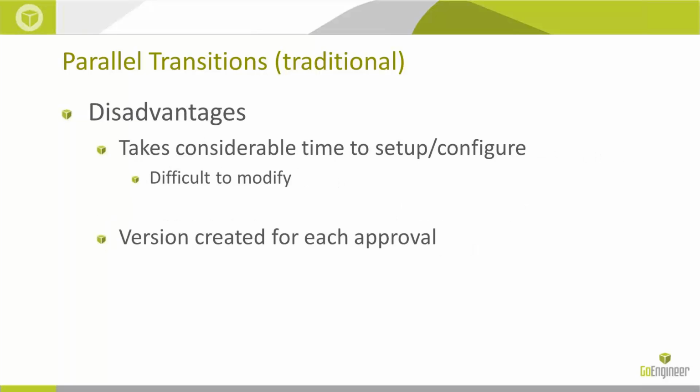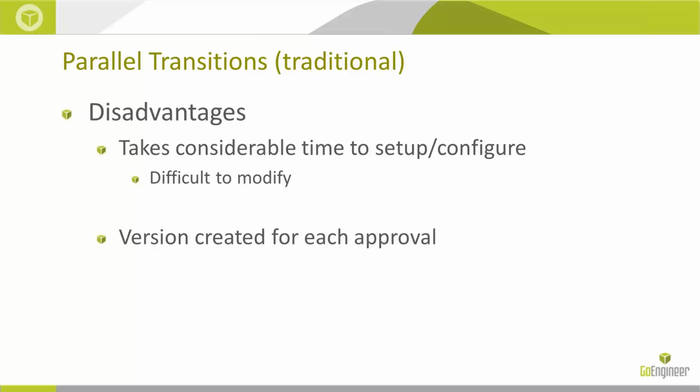The disadvantages, number one, it takes a while to set up. There's a bit of logic that has to be applied depending on the number of approvers involved, and so it can be difficult to set up or modify.